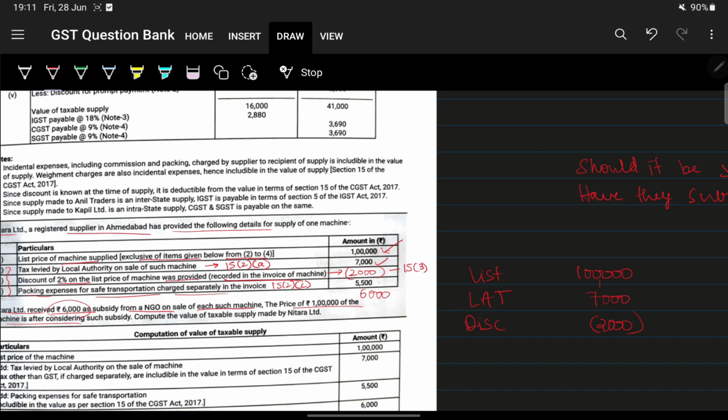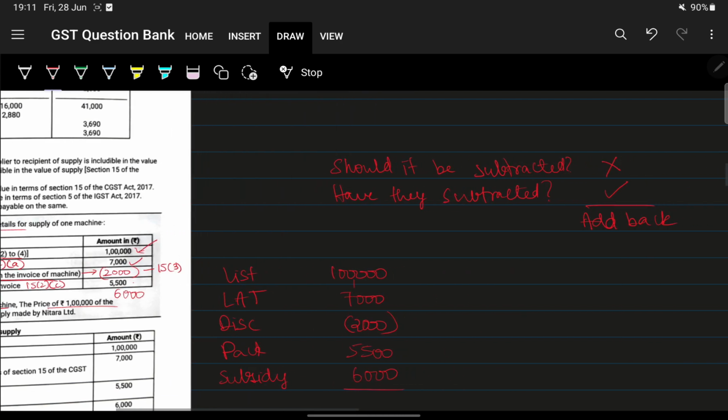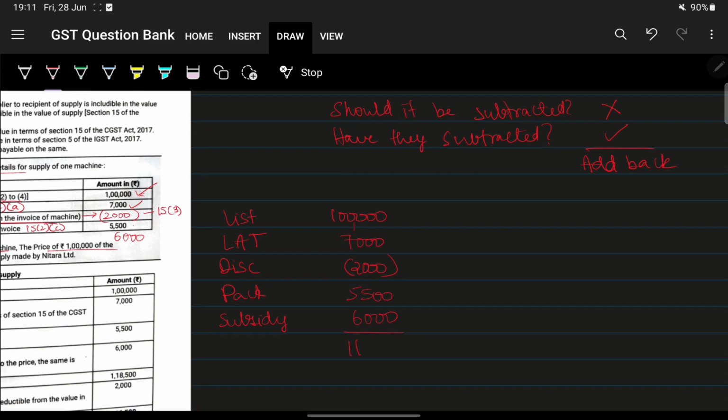Next packing expenses 5,500, and then subsidy of 6,000 rupees. Let's add all this up. So 1 lakh plus 7,000 minus 2,000 plus 5,500 plus 6,000, so that comes up to 1,16,500.